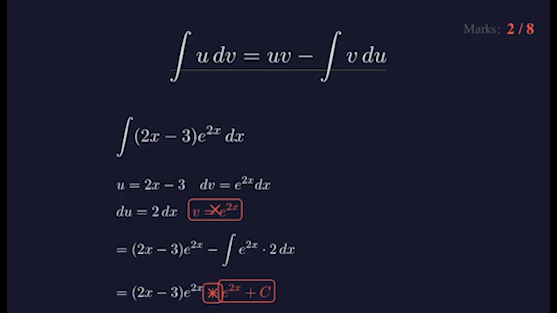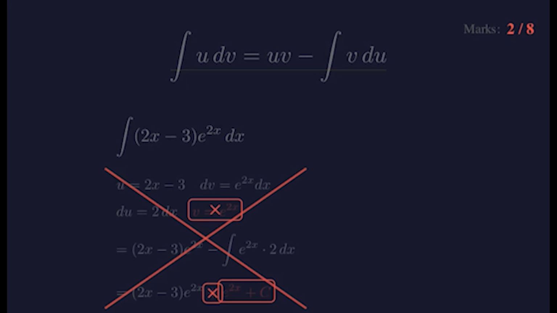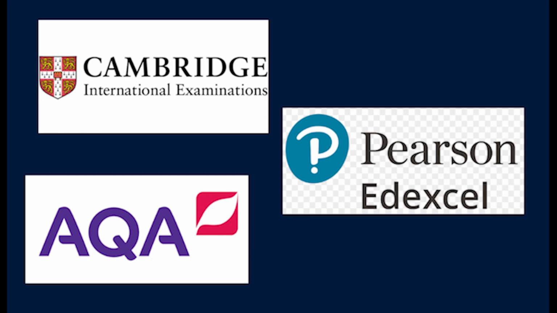They seem to understand integration by parts. But they keep falling into the same traps, and they don't have a clear system for properly doing integration by parts when doing A-levels, whether that be CIE, International Edexcel or AQA.